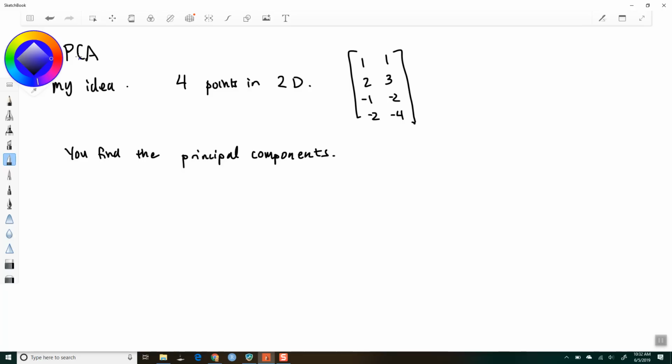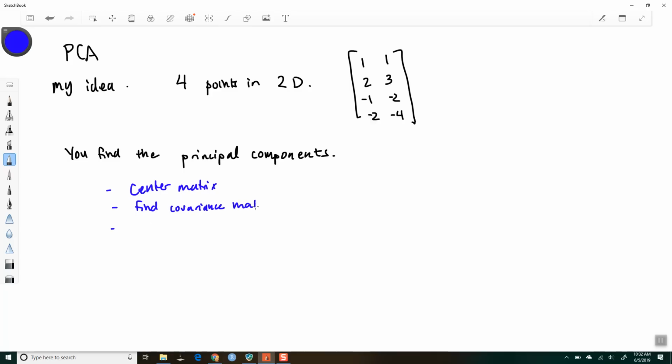Because the steps will be something like center the matrix, find covariance matrix, and then find the eigenvectors of a 2x2 matrix, which I think is a reasonable thing to ask.